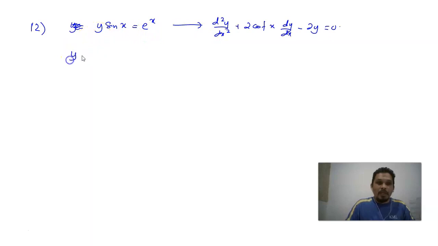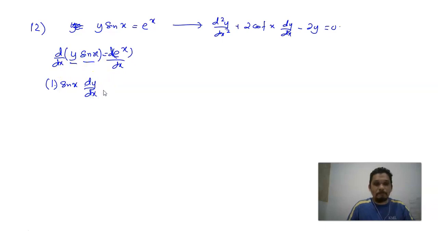So y sine x equal to e^x. We derive with respect to x on both sides. We have y and sine x, so we differentiate y first. Differentiating y gives 1 multiplied with sine x, and because we derive y with respect to x, it comes out with dy/dx. Plus, we derived y, so we get 1 here, times sine x.